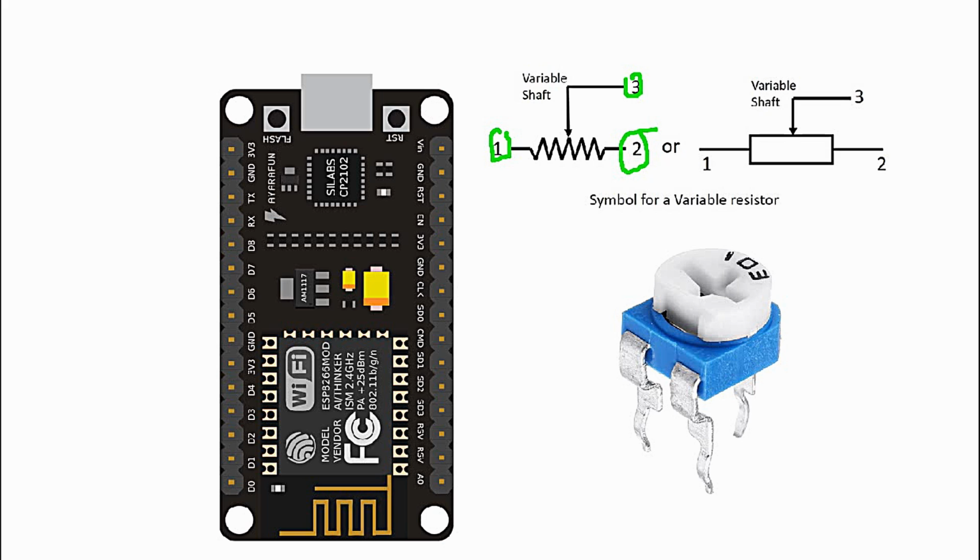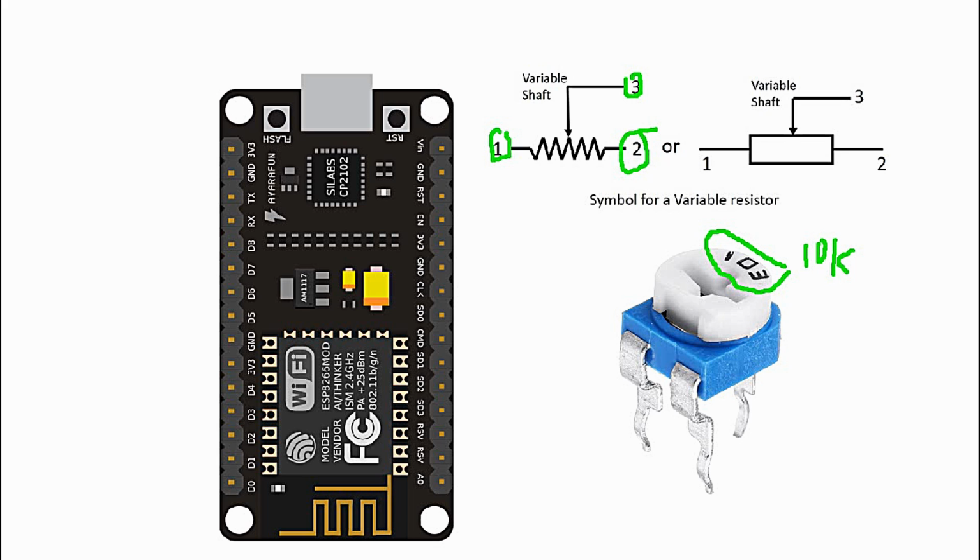Among these three terminals, 1 and 2 are fixed terminals, and 3 is the variable terminal, which helps you vary the resistance of this variable resistor. That is why it is called a variable resistor. Here on the screen you can clearly see we have a variable resistance of value 103, meaning 10 to the power 3, that is 10 kilo ohms.